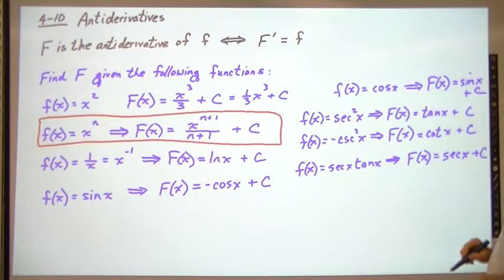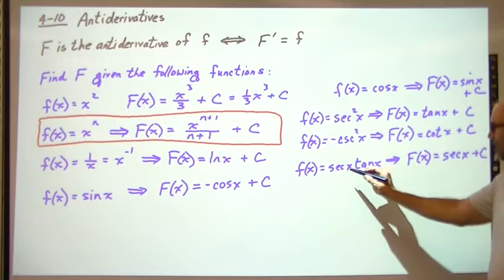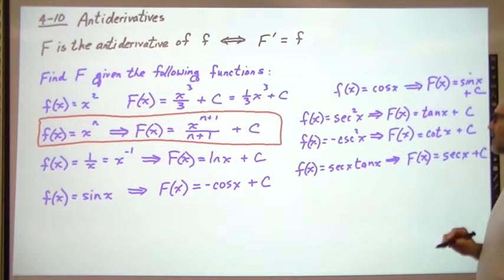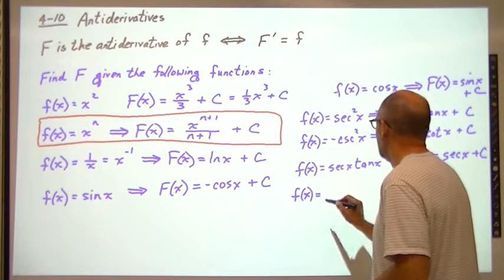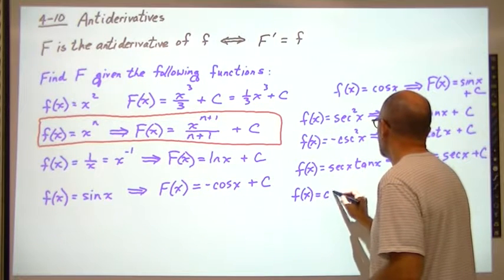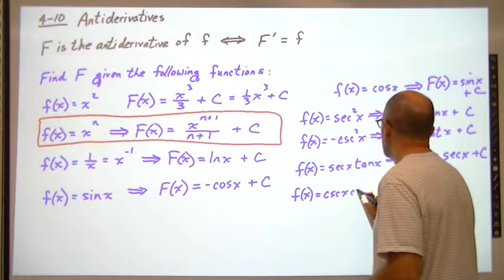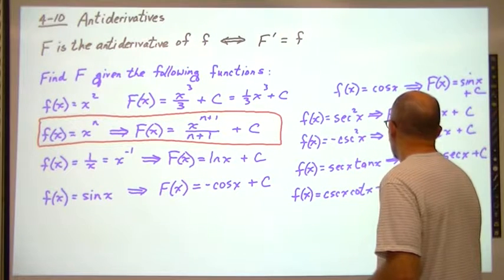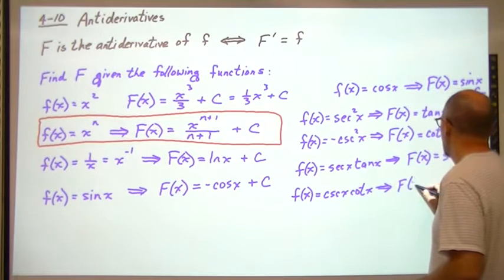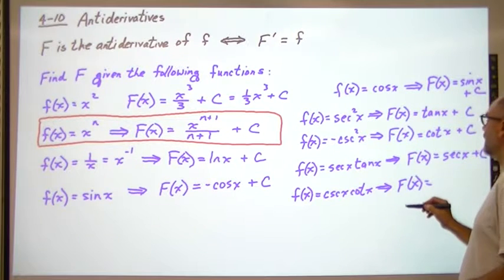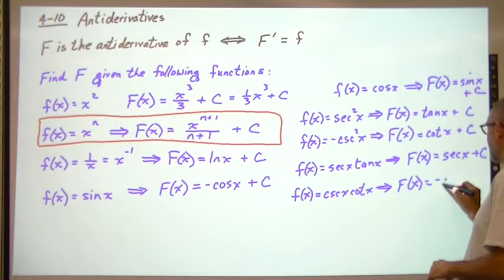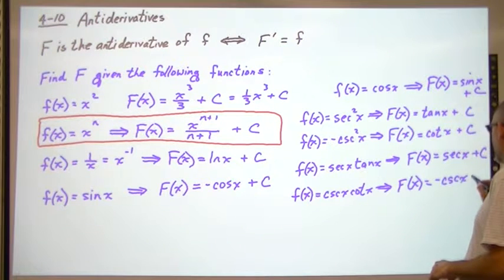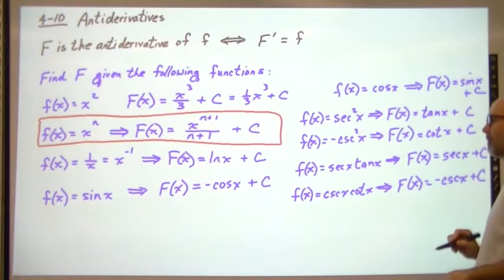So the derivative of secant is secant tangent, and the antiderivative of secant tangent is secant. And if the original function is cosecant cotangent, then notice the antiderivative has to be negative cosecant x plus c.